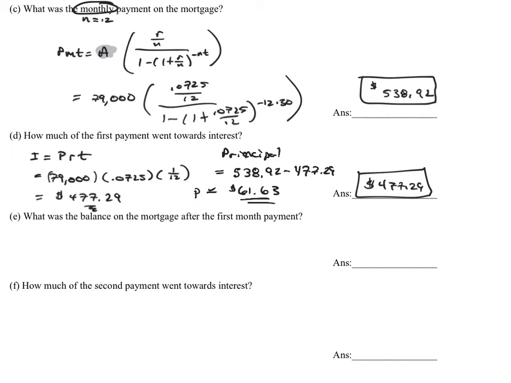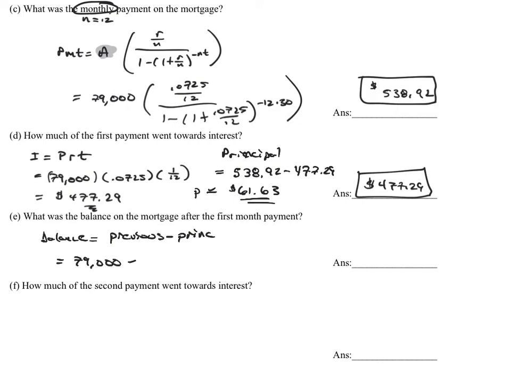Yeah, not so much. Once we know how much goes towards principal, we can recalculate our loan amount. To calculate the new balance, we take the previous balance and subtract off the amount that went towards principal. I still owed at this point the entire $79,000. I hadn't made any payments yet.